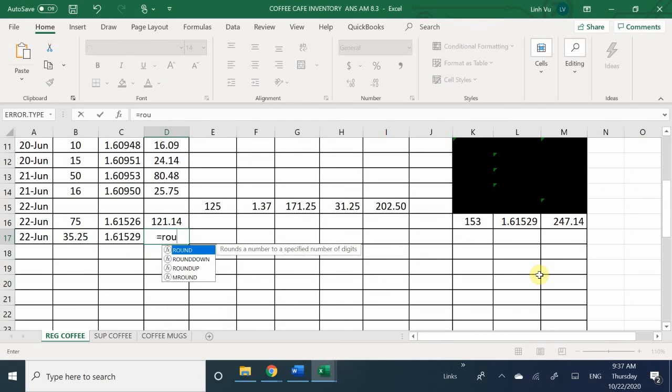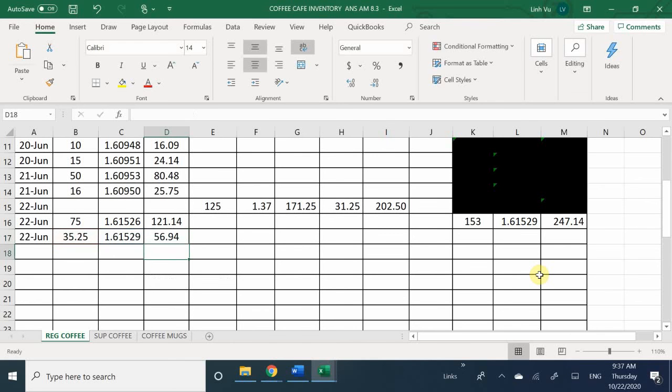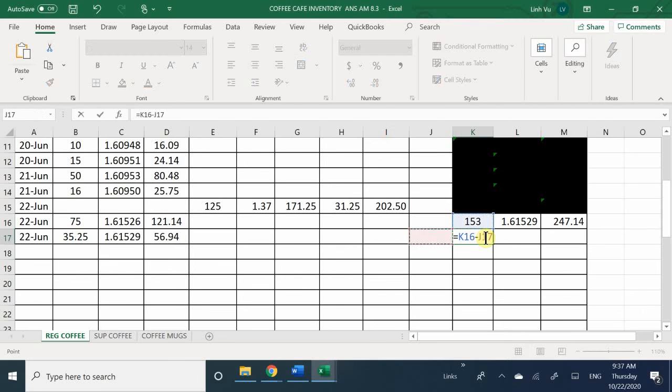Sorry, I'm calculating it now. 1.6529 times 35.25 was 56.93, rounded up to 56.94. Go to that inventory part. It's at 153, minus 35.25, well, 117.75.